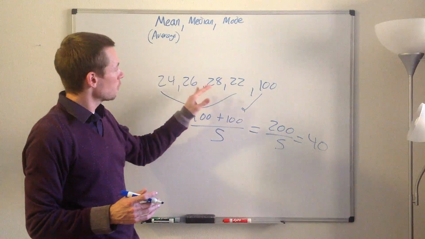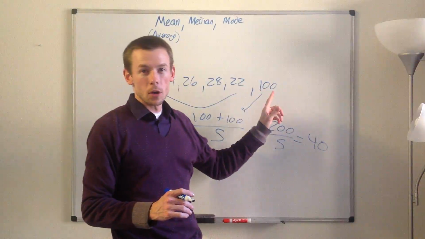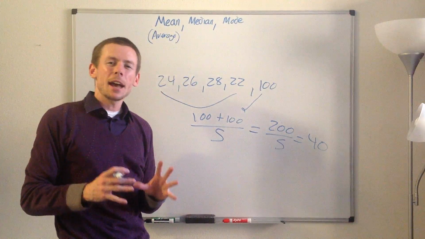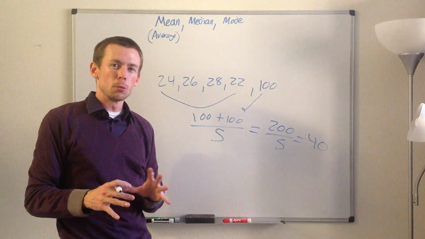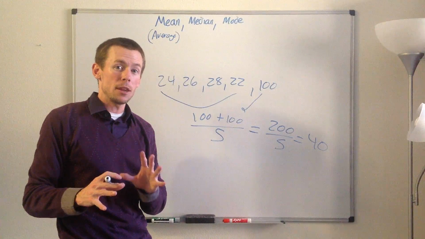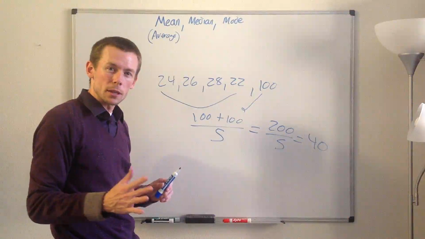Well, we have a bunch of people around the age of 25, one 100-year-old, and so it shows that our average is 40, and therefore it's kind of distorted to what the makeup of the group really looks like. So that can be a problem with the average. So a really large or really small number can distort the data.